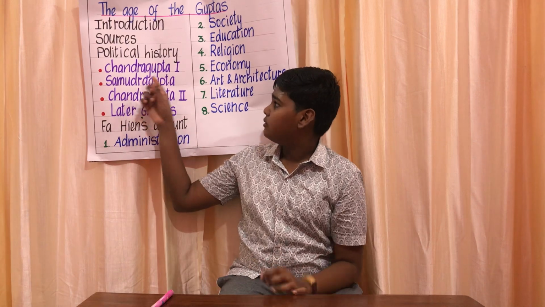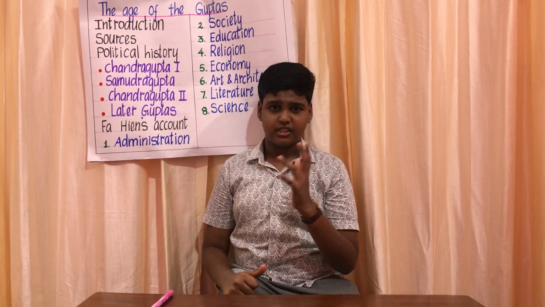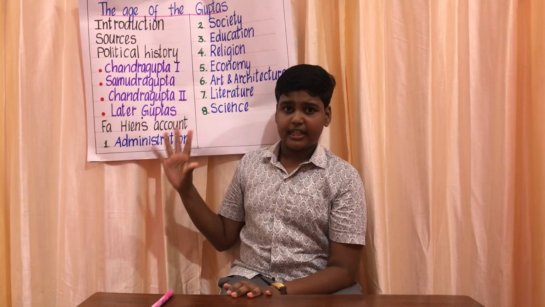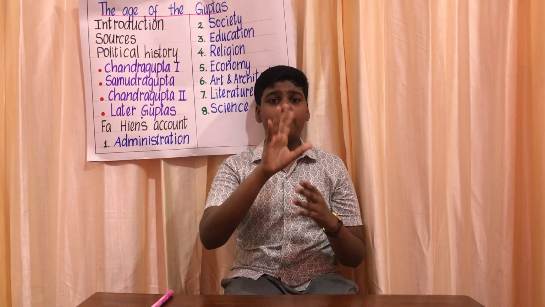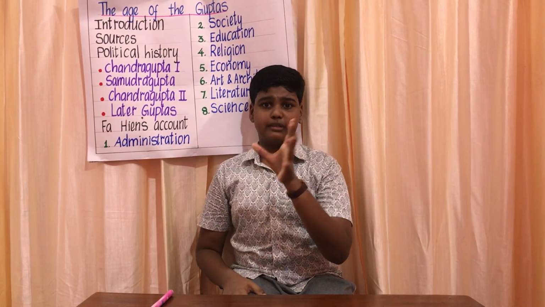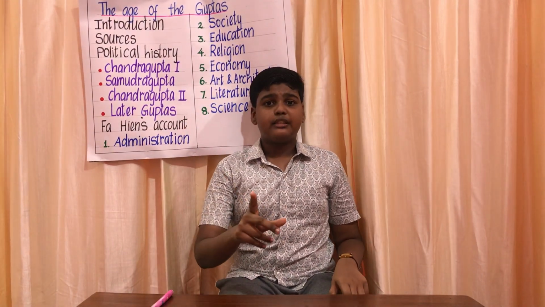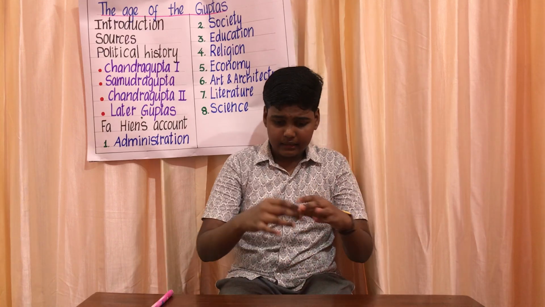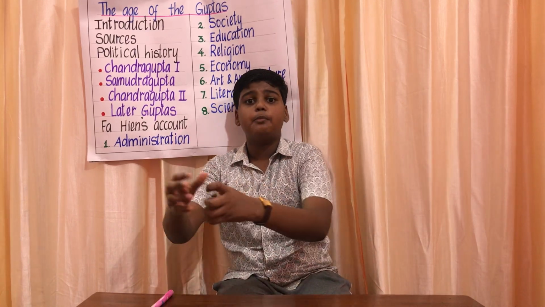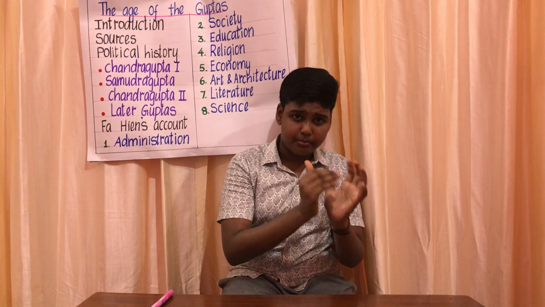For example, Chandragupta I asserted the title of Maharajadhiraja, right? Like that, all the rulers adopted some titles. In this administration, the king is assisted by a council of ministers in administrative matters.